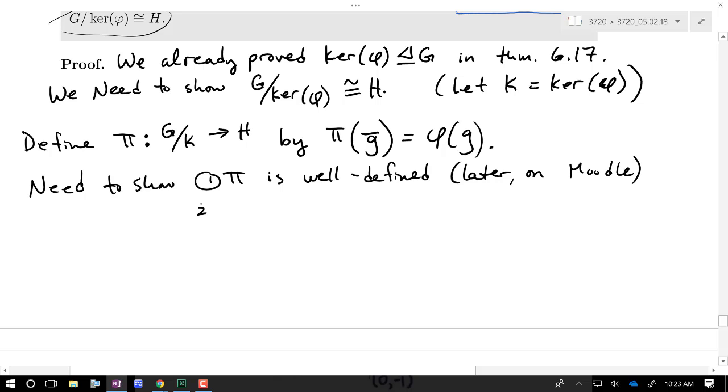Now the other parts, the fun parts. We want to show it's an isomorphism, so we're going to show that pi is a homomorphism. What are the other two things we need to show in order for pi to be an isomorphism?